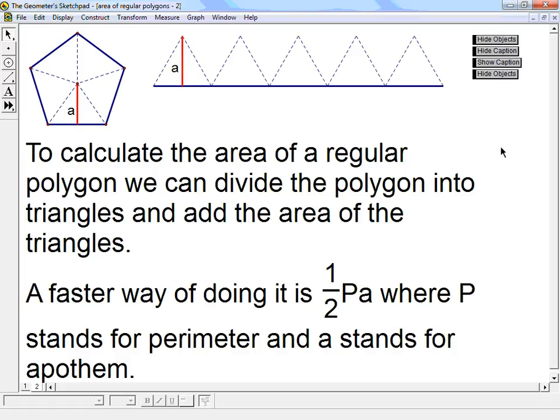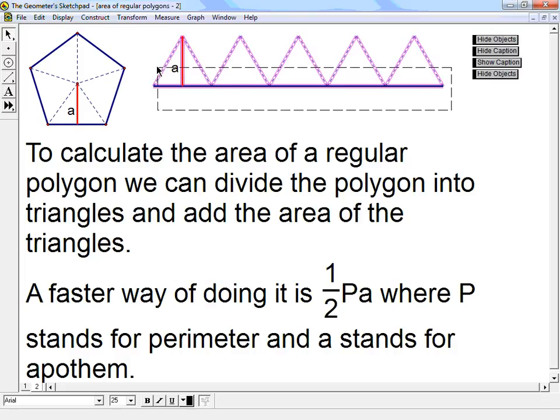That way I take care of all the triangles at once. The faster way of doing it is 1/2 times P times A. Remember, my perimeter is basically all the sides added together, times the apothem.